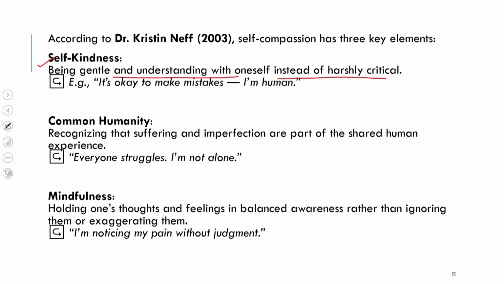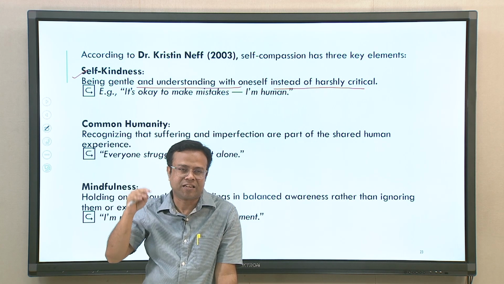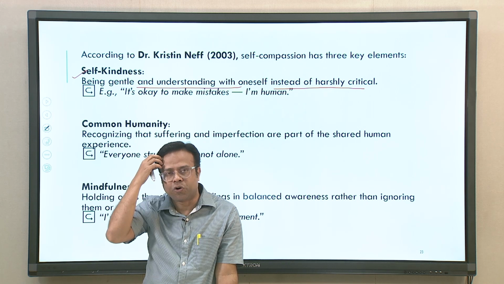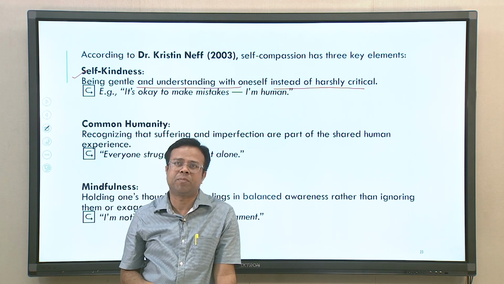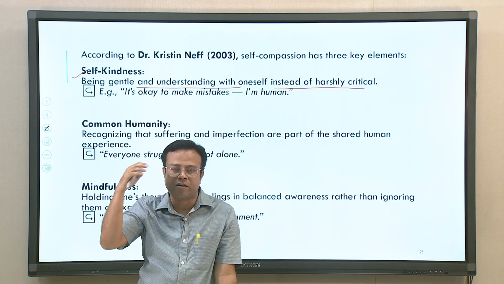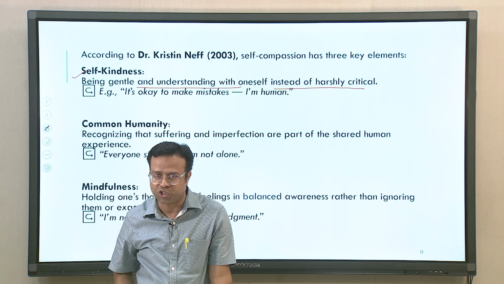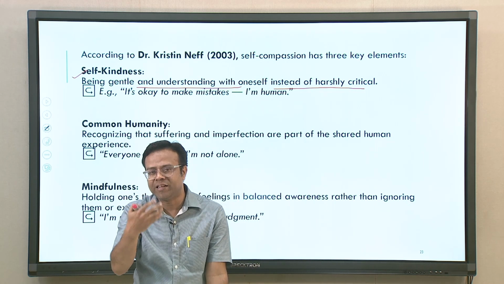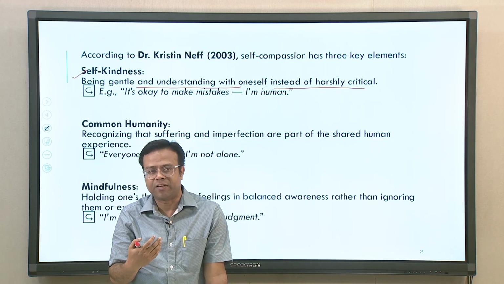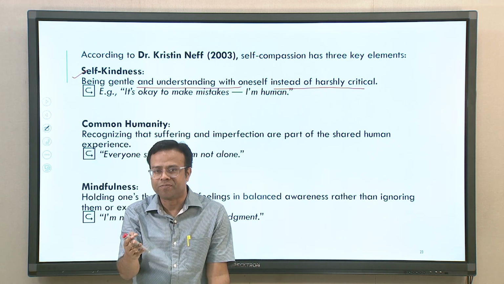Sometimes we become overcritical about ourselves, which increases so much tension and anxiety that you are never satisfied with what you do, which is okay in terms of doing something properly, but overdoing this can lead to many negative emotional consequences. So, the idea of self kindness is that you become a little more gentle and understanding about yourself, that you cannot be perfect in everything.